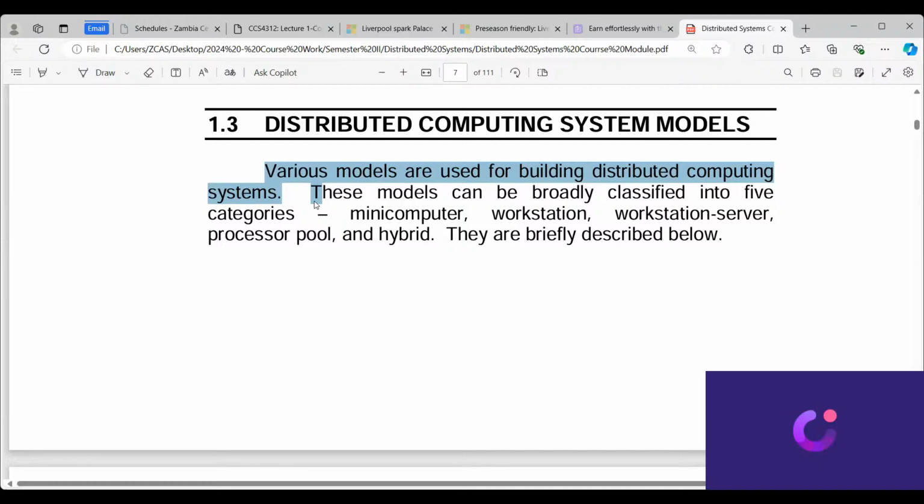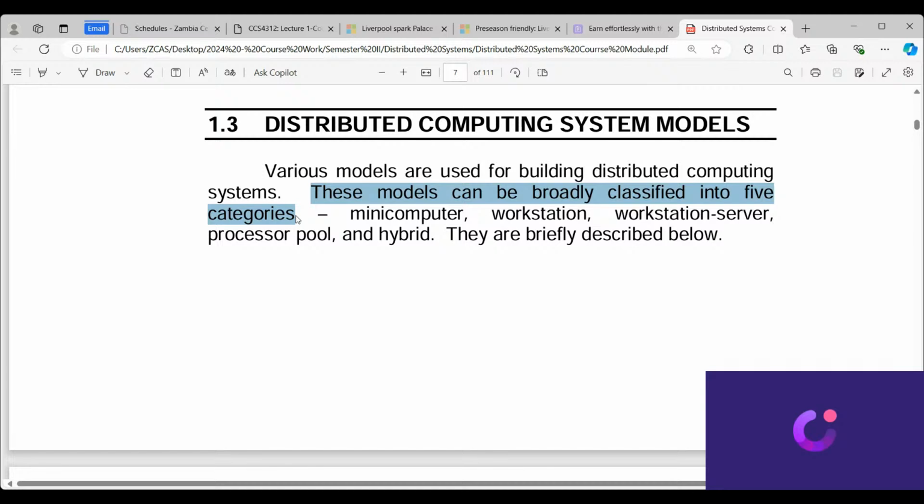Now, these models can be broadly classified into 5 categories. So we are talking about the categories of the models that are used to build distributed computing systems.